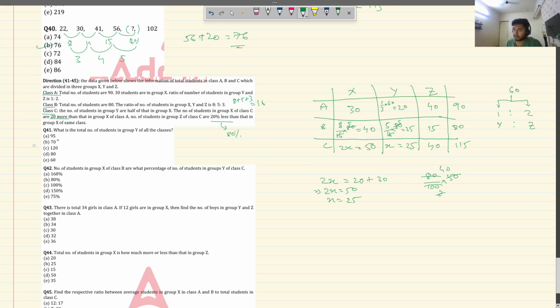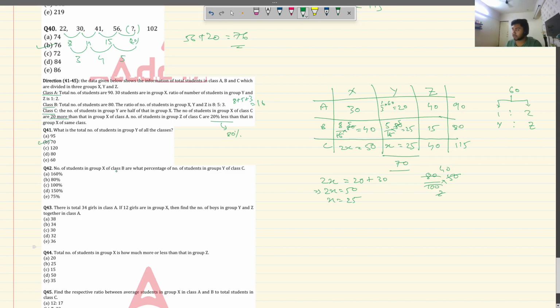Let's see now, answer the question. What is the total number of students in group Y of all classes? 25, 25, 50. 50 plus 20 is 70.